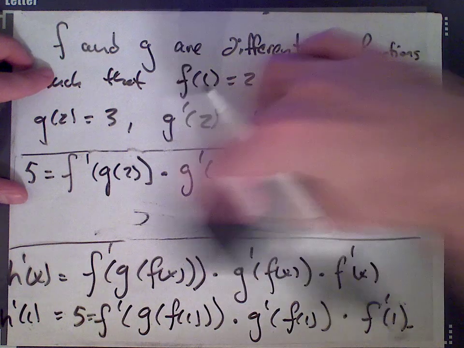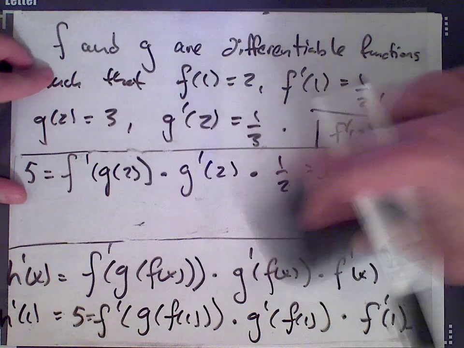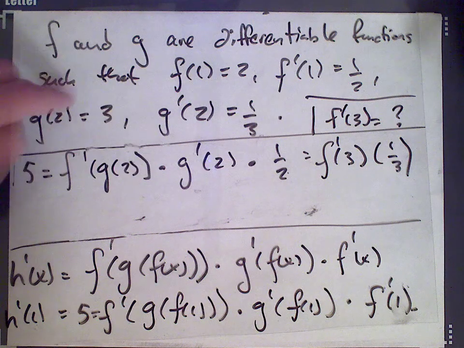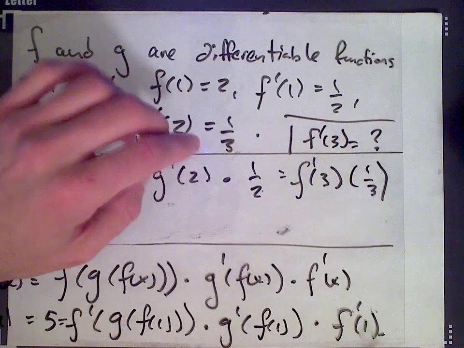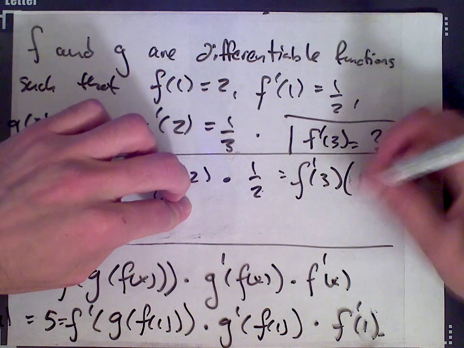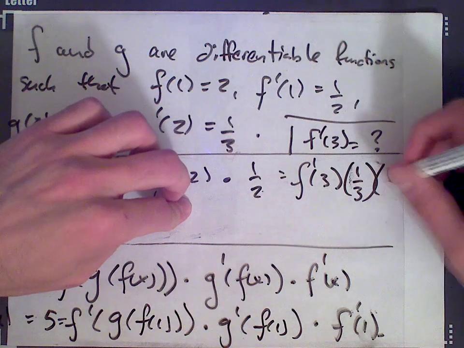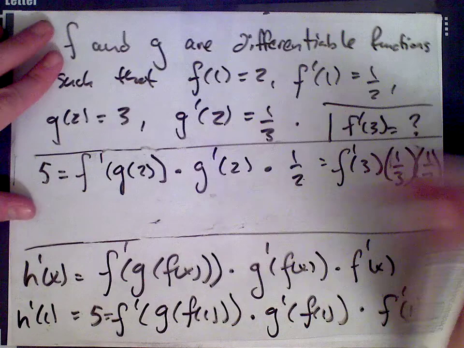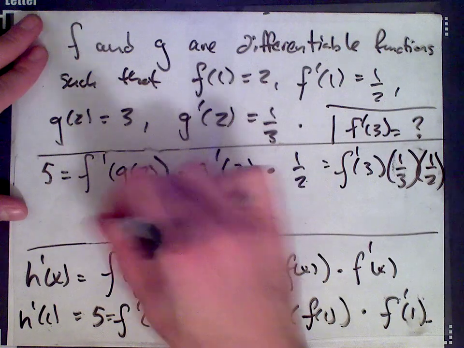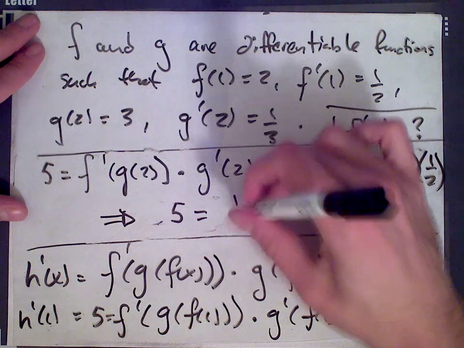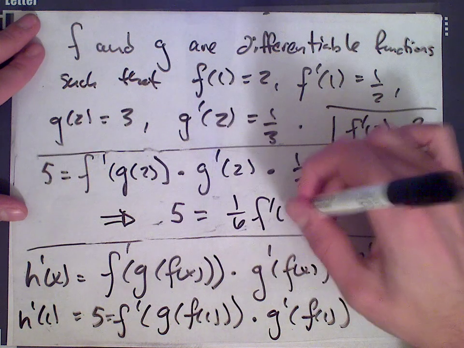We have 5 equals f prime of 3 times g prime of 2, which is a third, times, I forgot to multiply here, this extra factor of a half. So we get a third times a half. So from here, we have 5 equals 1/6 times f prime of 3.